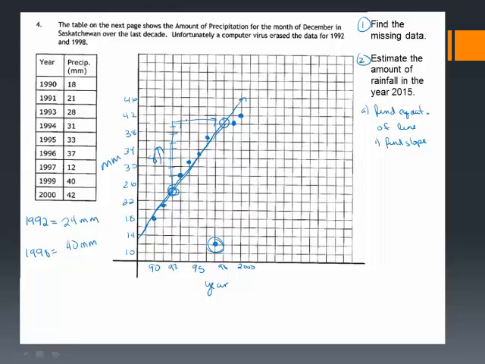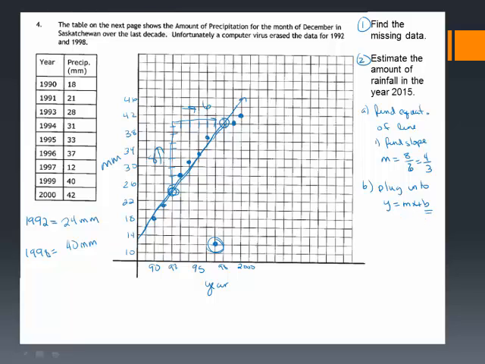And then I go over 1, 2, 3, 4, 5, 6, over 6. So my slope is 8 over 6, which is 4/3. Then I plug that in to y equals mx plus b, and I solve for b.